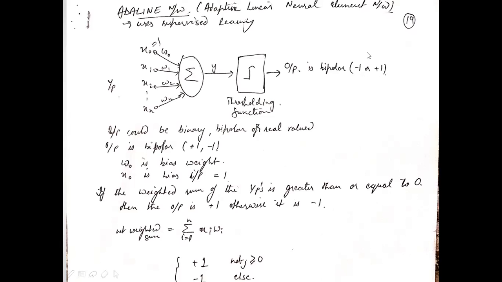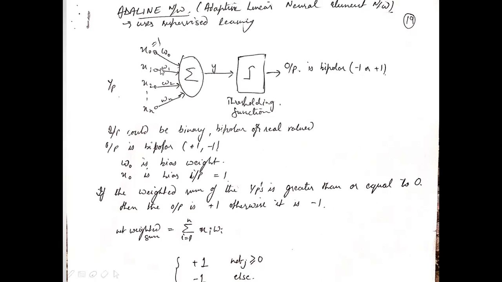This is the architecture. It is following the basic architecture which we study in each and every session. That is, these are x0, x1, x2, till xn. These are the inputs, where x0 is the bias input, which we have already studied. What is a bias input? This is always equal to 1. Now this particular x0 is connected to the next unit, the summation unit, with the help of a weight which is called W0.